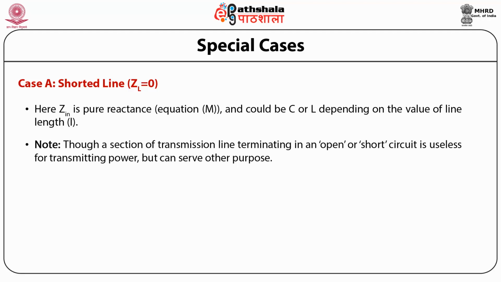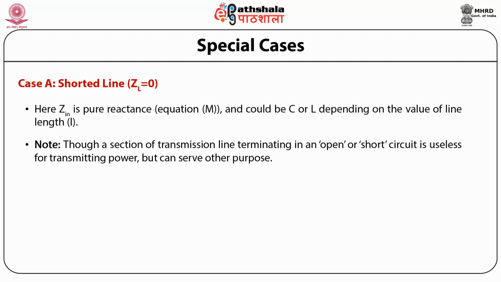Now it should be noted over here that though a section of transmission line terminating in an open or short circuit is useless for transmitting power, it can serve other purposes. Such a line can be used as an inductive or capacitive reactance, or even as a resonant circuit.